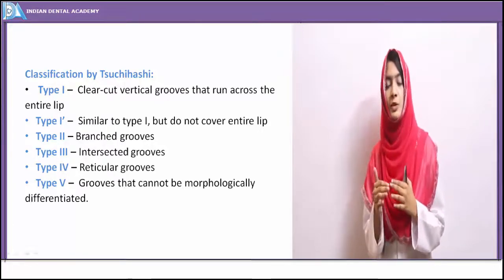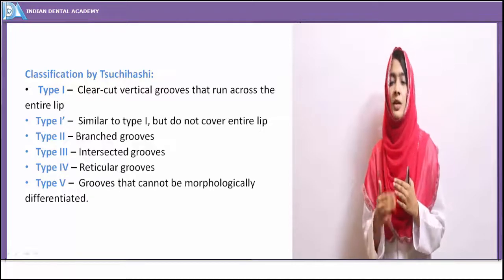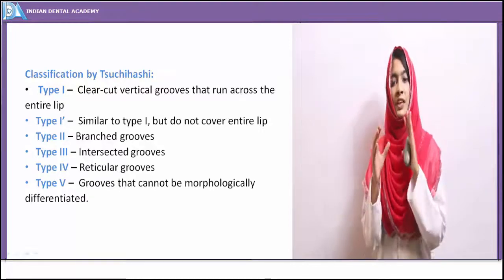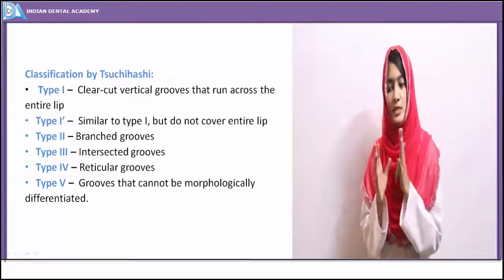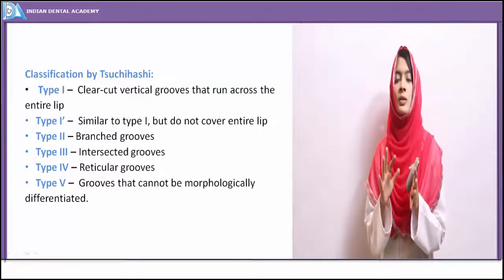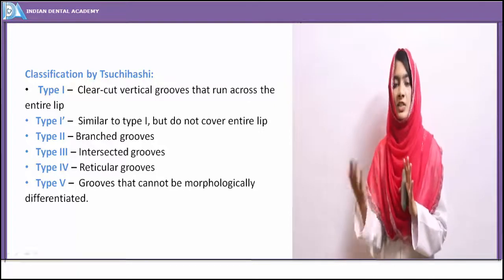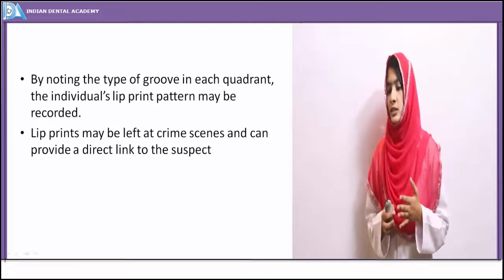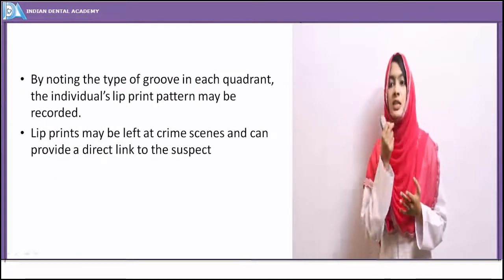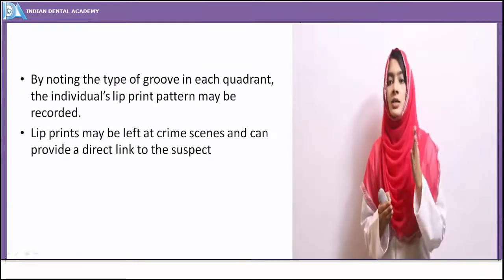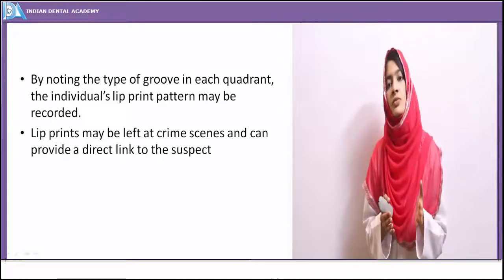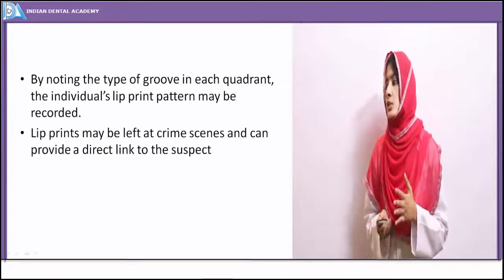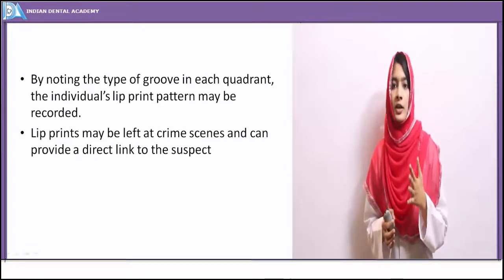So even for the same individual, the appearance of grooves may differ with pressure, and sometimes the print of the same individual may be mistakenly identified as that of another. That is one disadvantage of lip printing. But the grooves are very characteristic and very individual in identifying the suspect in crime scenes. So that's about lip printing, or lip grooves.